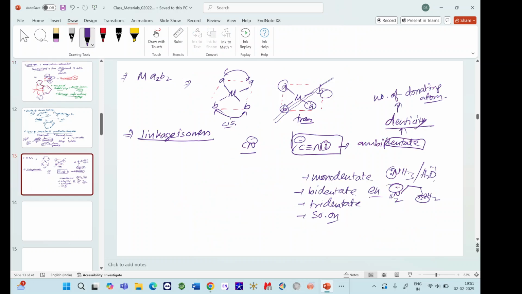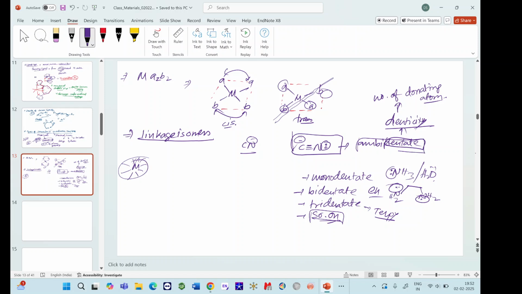That is why it is called tridentate. So I can write it here, terpy. And apart from that, you have pentadentate, more than that. You can have metallacycles also, where you can see some of the structures. You can have a ring. Okay, so the denticity is much more.